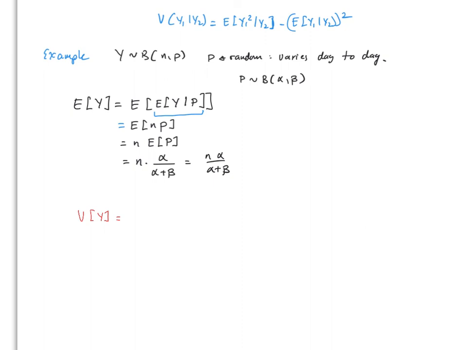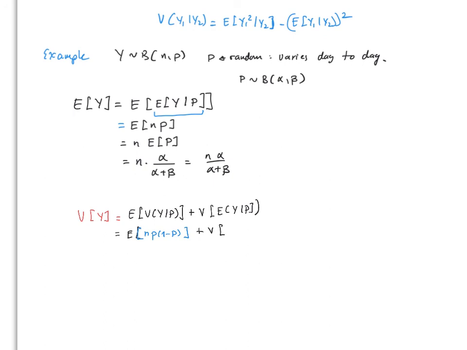So by the definition we have on the top, this should be the expected value of the variance of y given p plus the variance of the expected value of y given p. Okay. So therefore, by definition, remember the variance of y, since it's binomial, is np times 1 minus p. And then this will be the variance of the expected value of y given p.